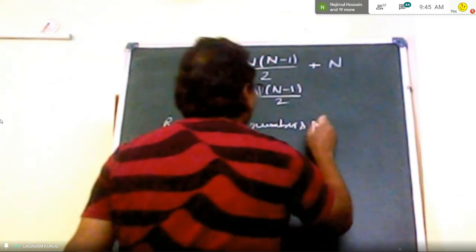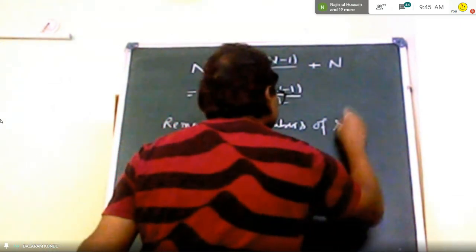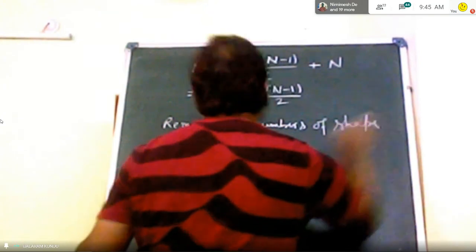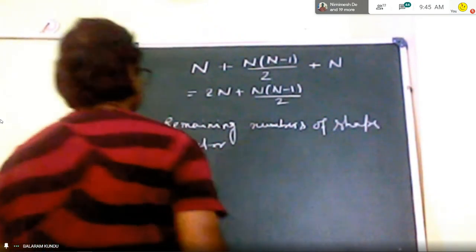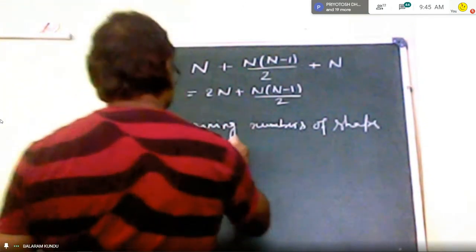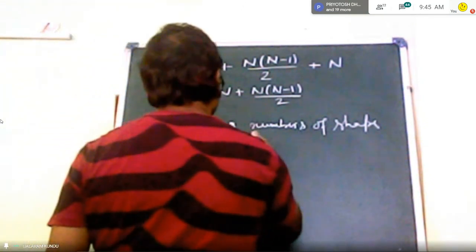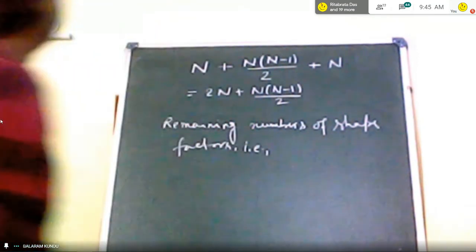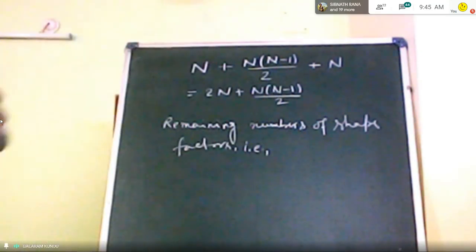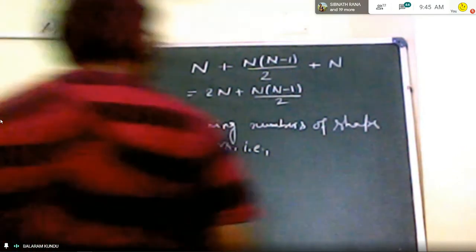The total number is n square minus this.